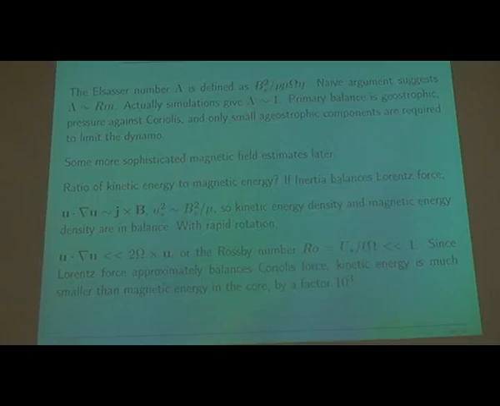Right, okay, now a very common assumption in stellar dynamos and galactic dynamos is that the kinetic energy is roughly in balance with the magnetic energy. Now that comes about if the inertia roughly balances the Lorentz force.